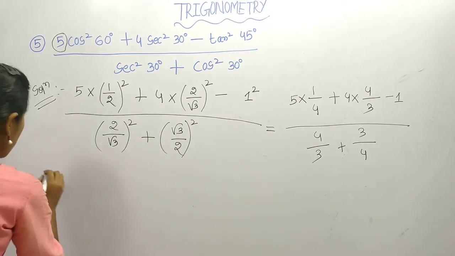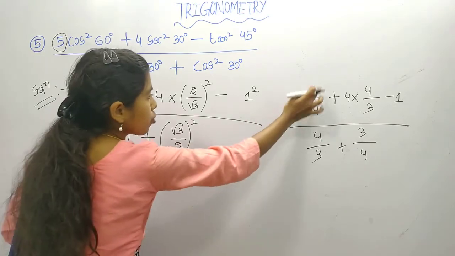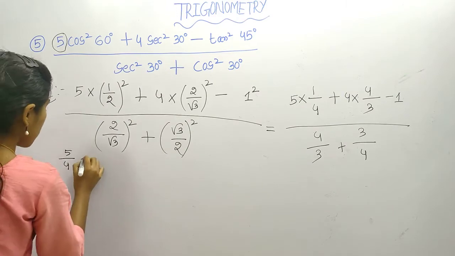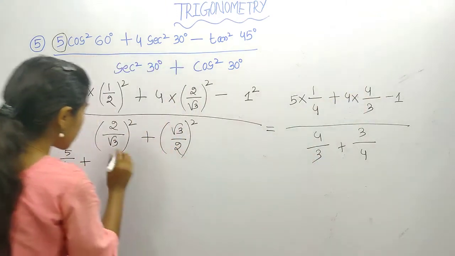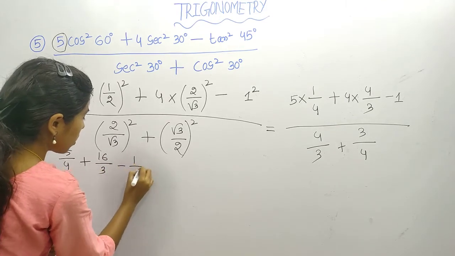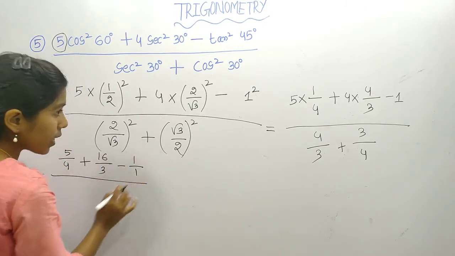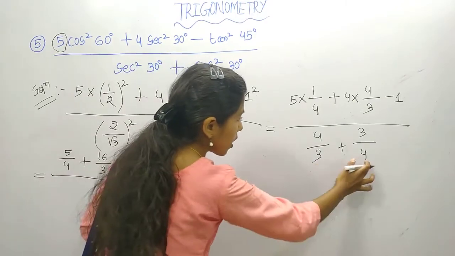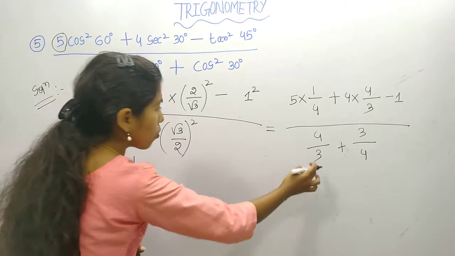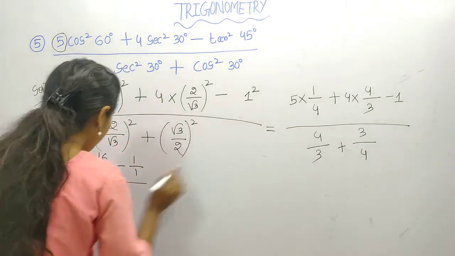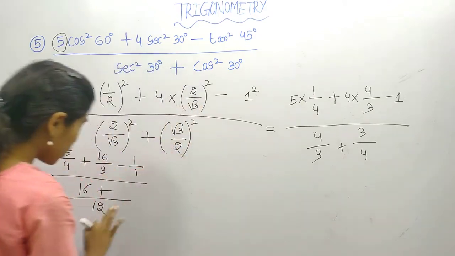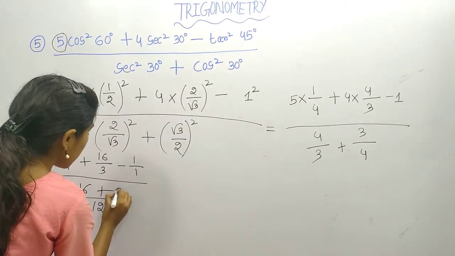So next equals to 5 into 1, 5 by 4, 5 divided by 4 plus 4 into 4, 16, 16 divided by 3 minus 1, nothing is there means 1 divided by, here you see 3 and 4 LCM will become 12. Okay. So 3 into 4, 12, 4 into 4, 16 plus 4 into 3 is 12, 3 into 3 is 9.